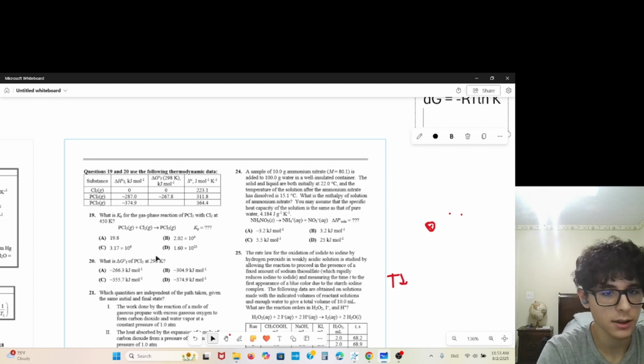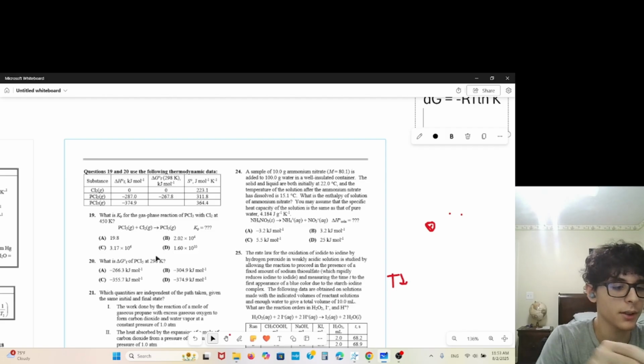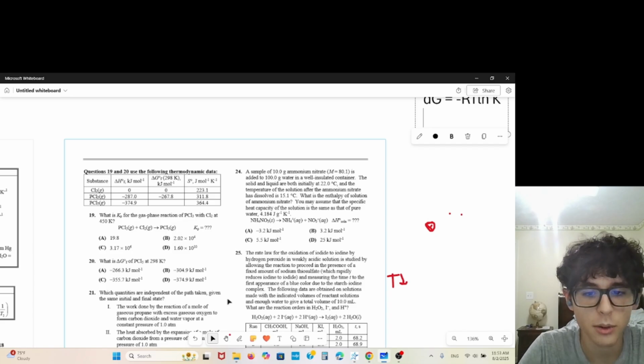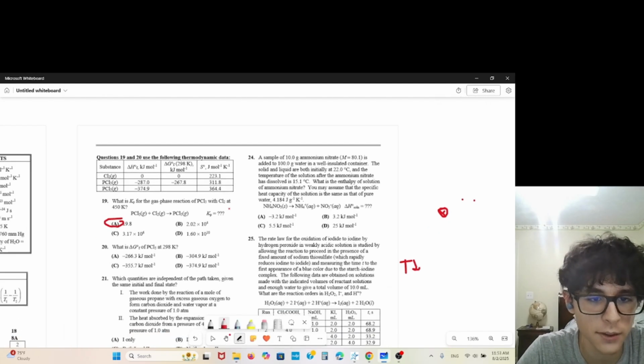Multiplied by 450 K again. Yeah, that's it, right? Now you're going to raise it to, yeah, e to that power. You're going to get 19.8 because e to the power is the inverse of ln.